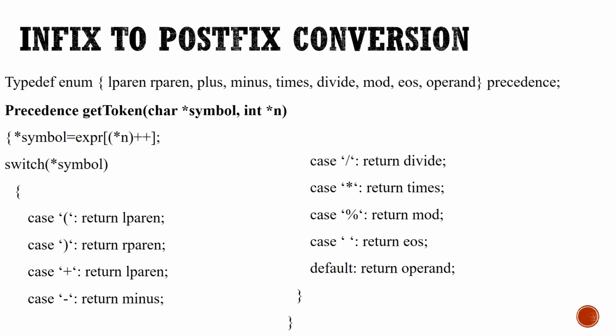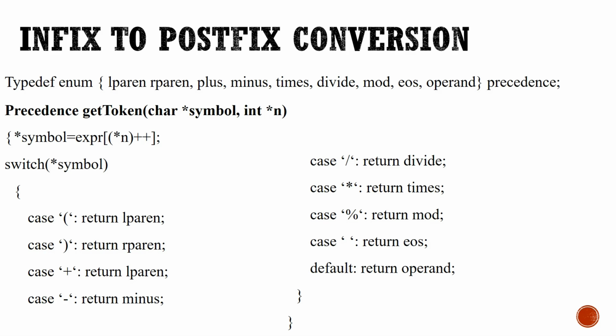If it is a left parenthesis, I return it as a left parenthesis. Closing parenthesis, likewise. Plus symbol, I return it as a plus. Minus symbol. Slash means a divide symbol. Star means your multiplication symbol. Modulus symbol. And if I get the space, it is the end of the string. By default, if it is A, B, C and so on, we return it as an operand.